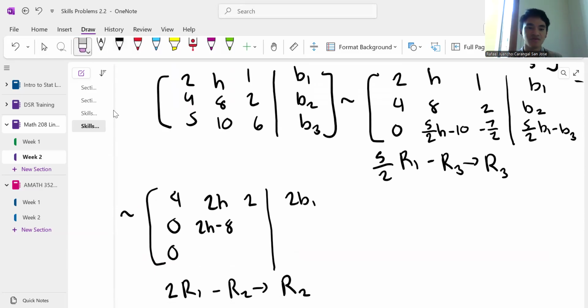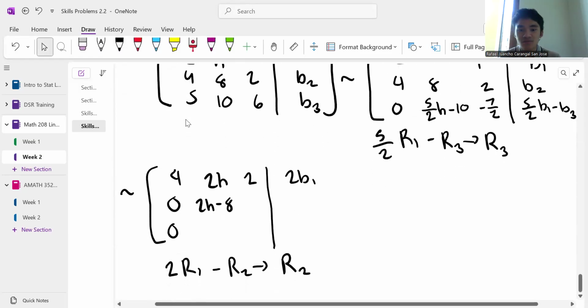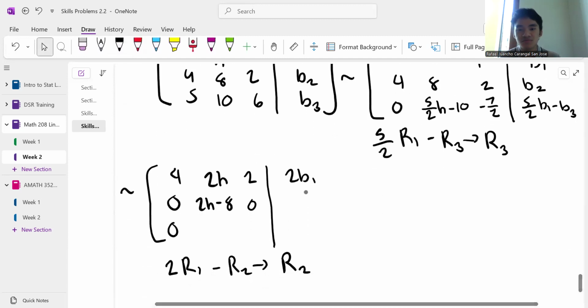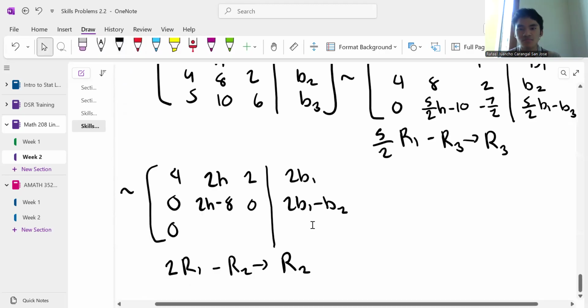So here, funny enough, we could divide these. Divide that. Now we don't want to do that. 2 minus 2 is a 0. 2B1 minus B2. Right.